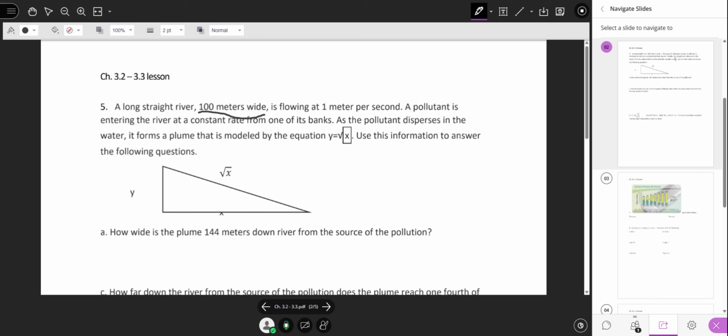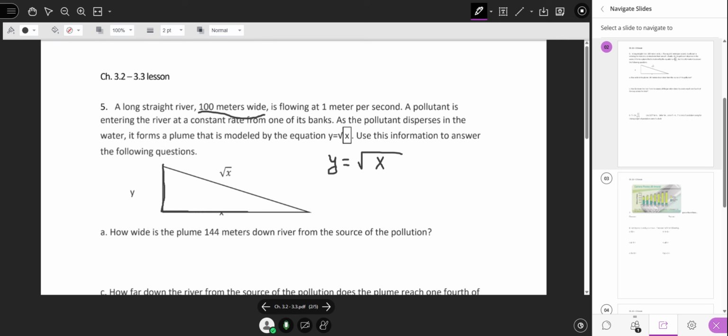A pollutant is entering the river at a constant rate from one of its banks. As the pollutant disperses in the water, it forms a plume that is modeled by the equation y equals square root of x. Use this information to answer the following questions.